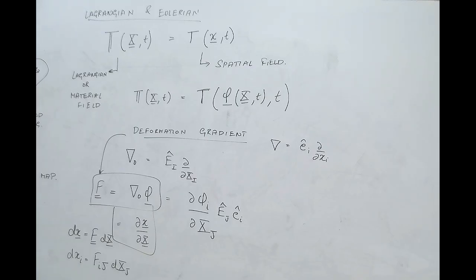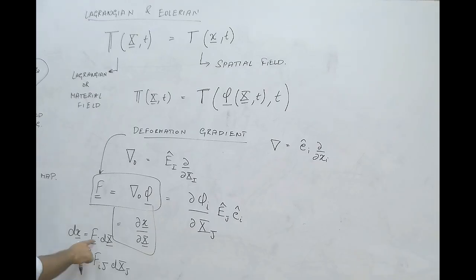In some textbooks, you may see this written as f dot with dx. That is important because if you don't write a dot, then you are assuming it like a matrix column vector multiplication.